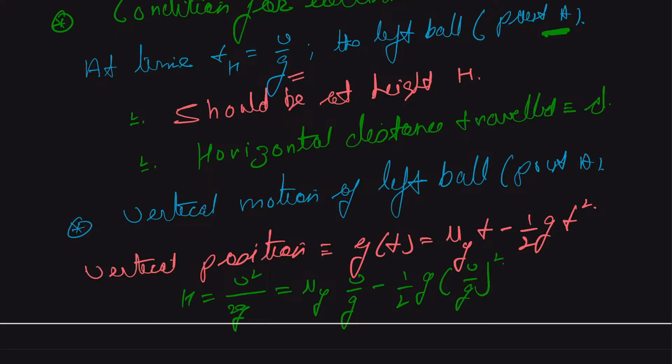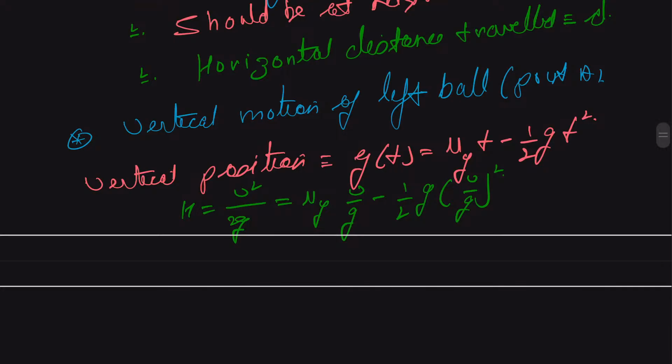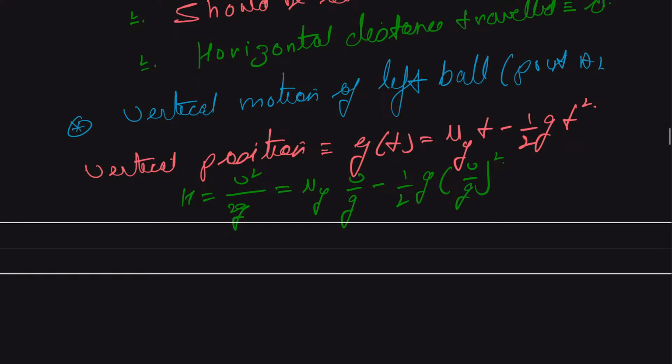And if we simplify it, we get that u of y is equal to v. So this is the vertical component of the velocity for the ball launched from our point A.